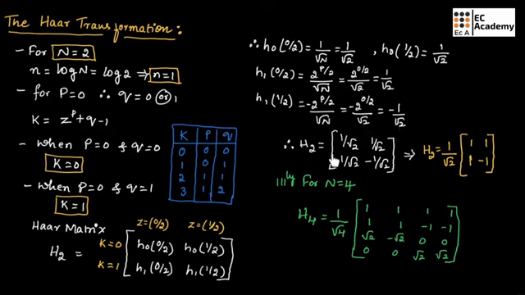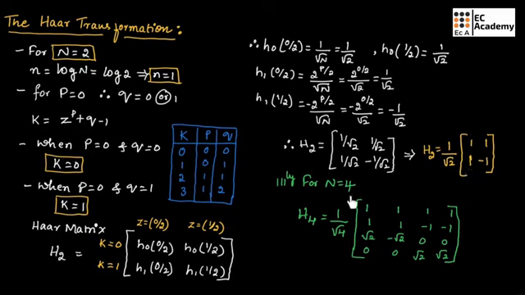Therefore, we can write the Haar matrix as 1 by root 2, 1 by root 2, 1 by root 2 and minus 1 by root 2 by substituting the values of h0 and h1. If we take 1 by root 2 as common, we will get H2 equal to 1 by root 2 times [1, 1; 1, minus 1]. So this is the Haar matrix for N is equal to 2.